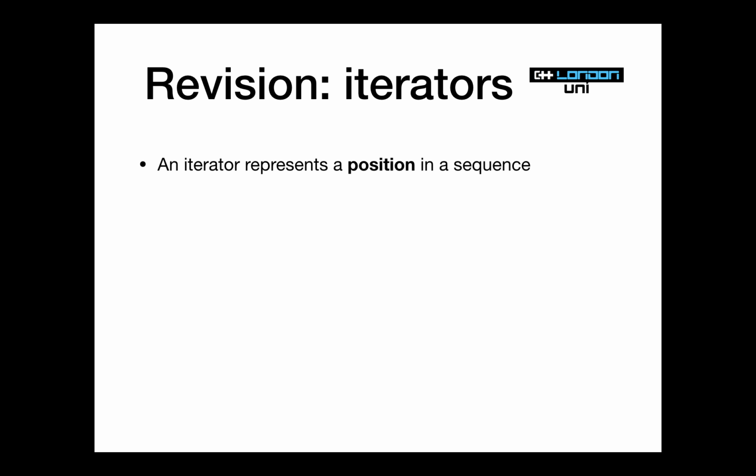So an iterator represents a position in a sequence. It's really no more than that. Well, no, it is more than that. But at a first approximation, an iterator represents a position in a sequence. As we saw on the previous slide, we obtained two iterators, one to the first position and one to the end.